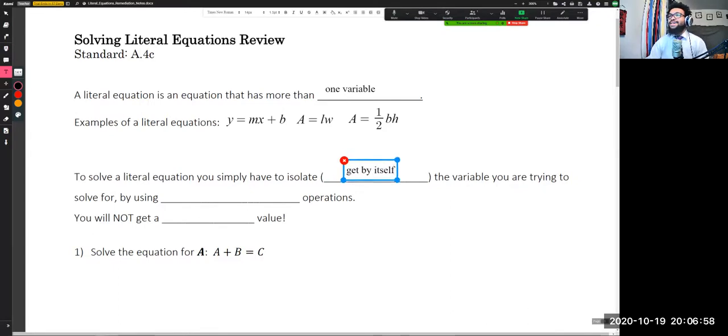We have to isolate the variable we are trying to solve for by using our inverse, which means opposite, our inverse operations.